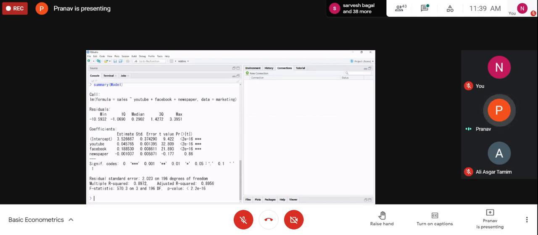Always understand that this test of significance, or statistically significant t ratios, always works around the null hypothesis being coefficient taking a value zero. This is what you mean by statistically significant t ratios. There's nothing wrong with this significance code or this asterisk.